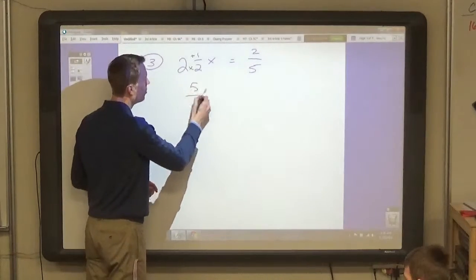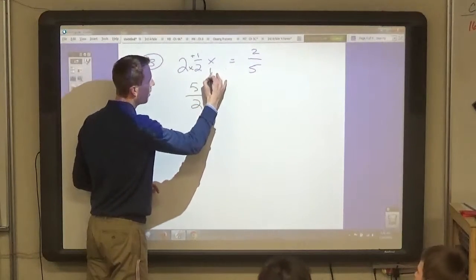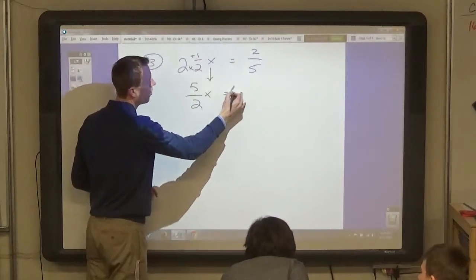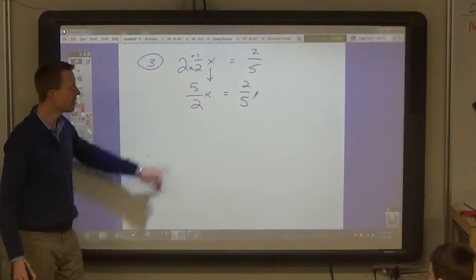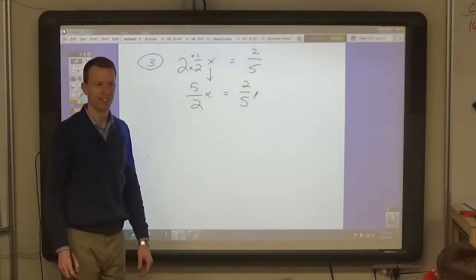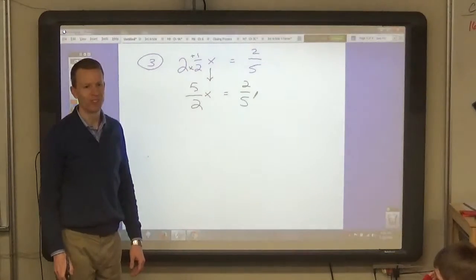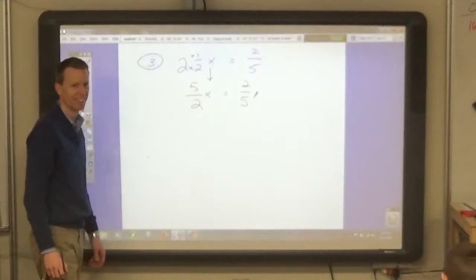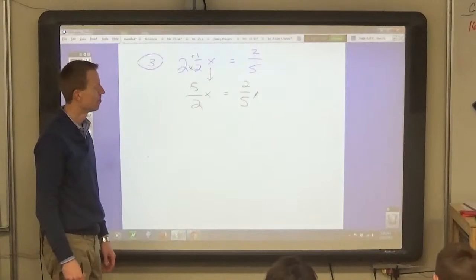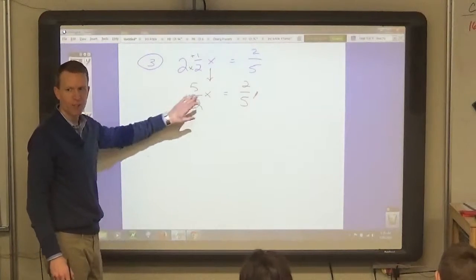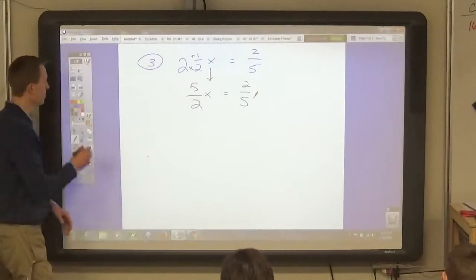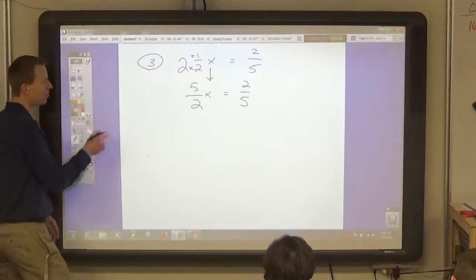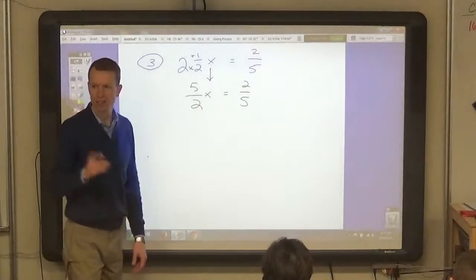Good. 5 over 2 x, we have to bring this down, equals 2 over 5. Oh, these are reciprocals. Not exactly. Don't get confused by this. What do we have to do next to solve it? Parentheses. Sam?